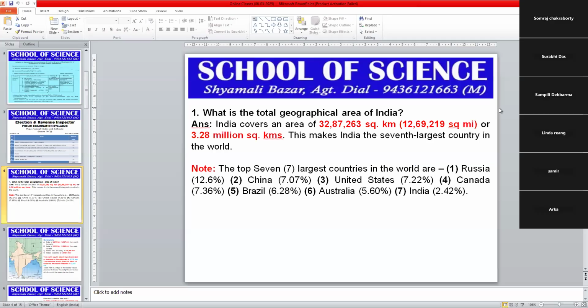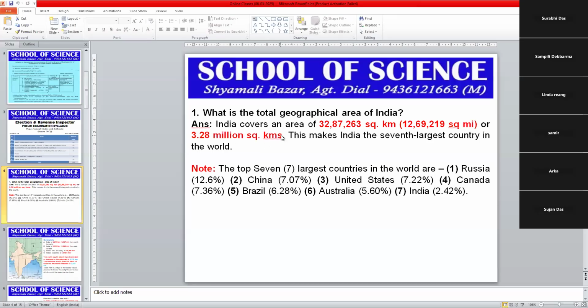I repeat once again. Total geographical area of our country is 32,87,263 square kilometers. Or we can remember 3.28 million square kilometers.